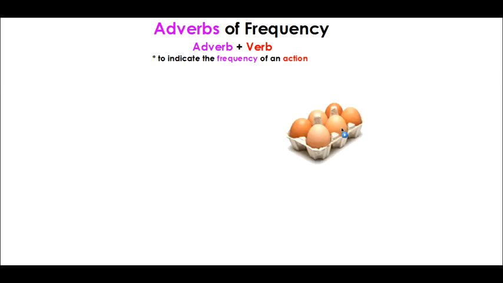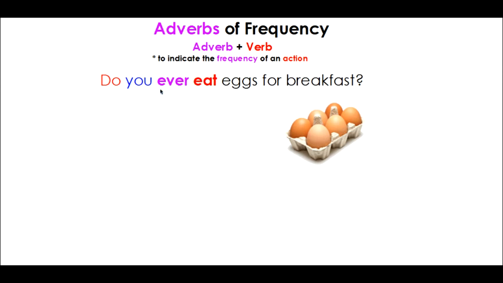So, for example, in the question, do you ever eat eggs for breakfast? We use the adverb ever to ask about the frequency of the verb, in this case, eat.